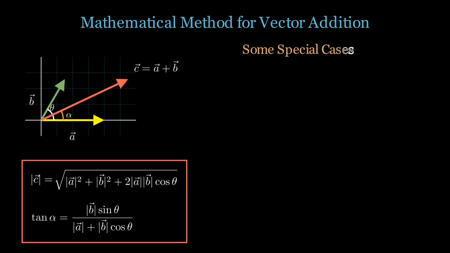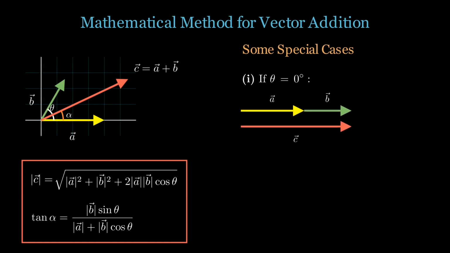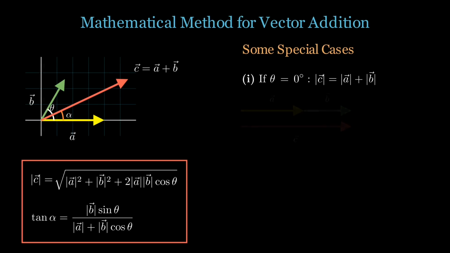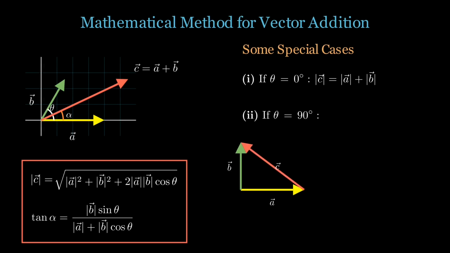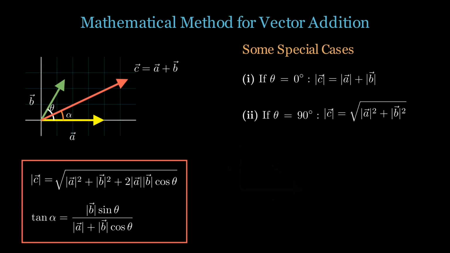We can now look at some special cases. So firstly, the case where theta equals 0 degrees. When the two vectors are collinear and point in the same direction, their magnitudes simply add up. That is, C equals A plus B. Now, if theta equals 90 degrees, that is, the vectors are perpendicular, then they form a right angle triangle, and the resultant in that case is the hypotenuse, so C equals square root of A squared plus B squared.